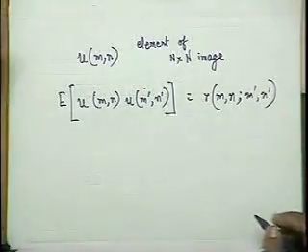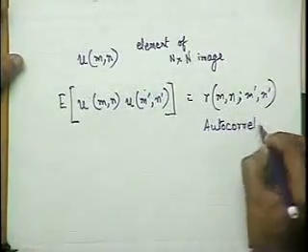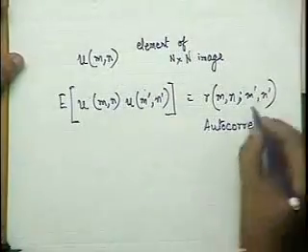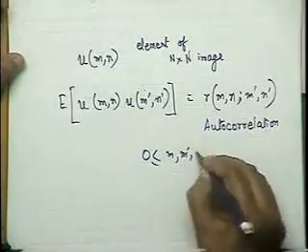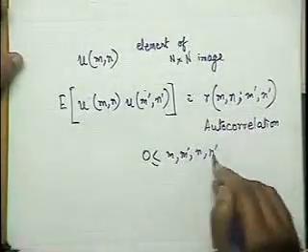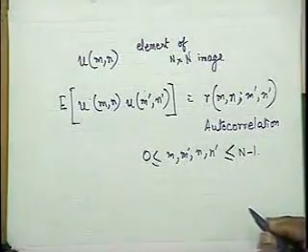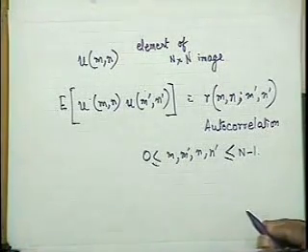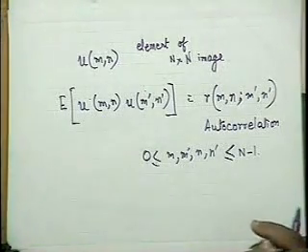This is the representation of the autocorrelation function, and in these cases all four of m, m prime, n, n prime lie between 0 and capital N minus 1. Now, how to form the basis images? Obviously, the basis images are going to be the eigenfunctions, which we obtain as follows.